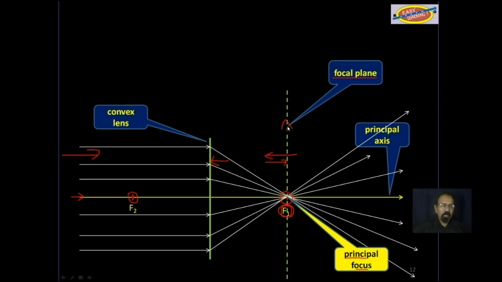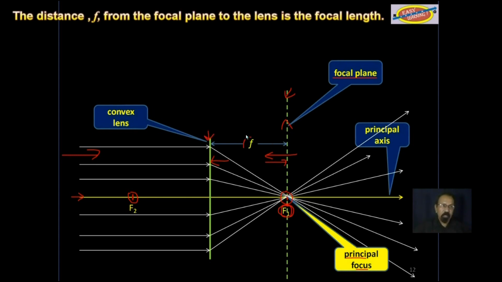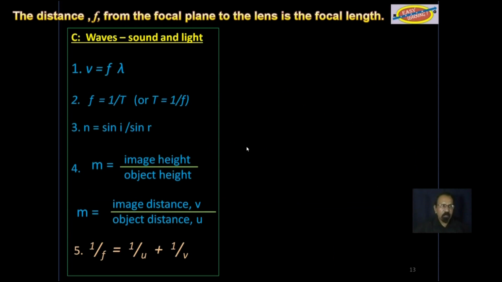In other words, any ray that comes through here, two or three rays from the left-hand side, must come to focus on that focal plane. Now, the distance from the focal plane to the lens is given the symbol F, and that means the focal length. So now let's get back to the formula.